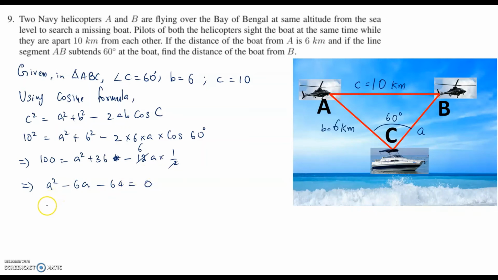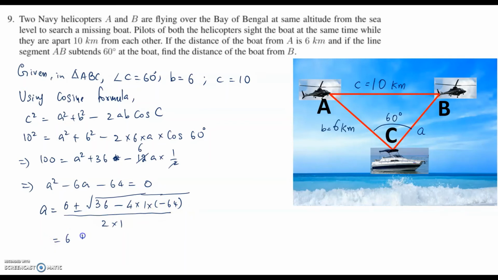Applying the quadratic formula, a is equal to minus b, and here it's minus 6, so it's 6 plus or minus square root of b squared, which is 36, minus 4ac, so that'll be 4 into 1 into minus 64, divided by 2a, which is 2 times 1.